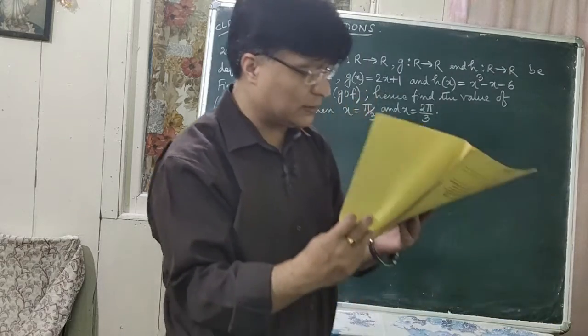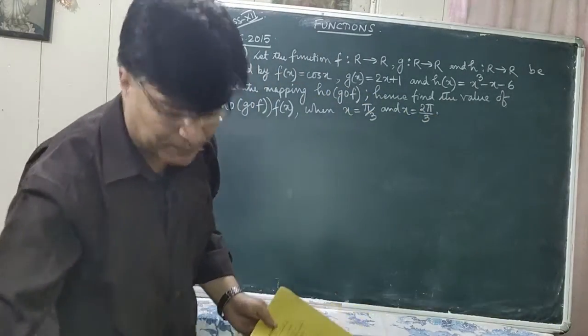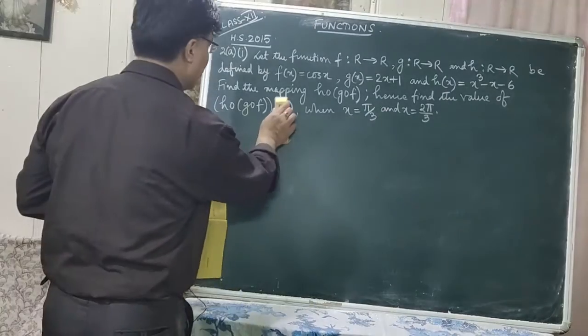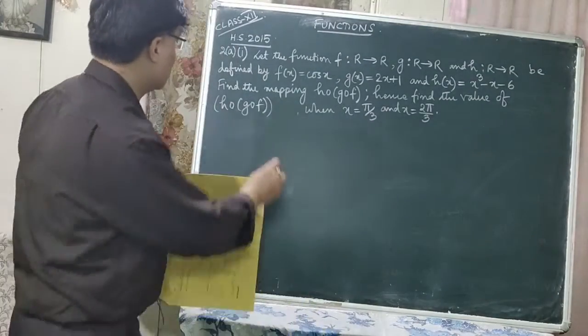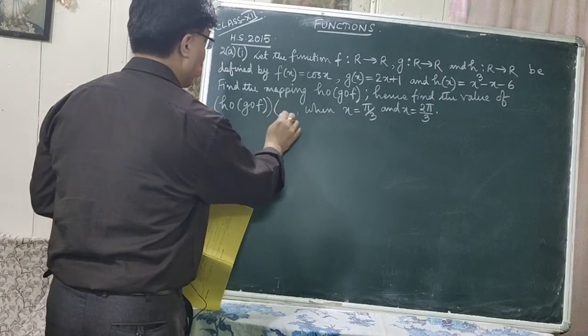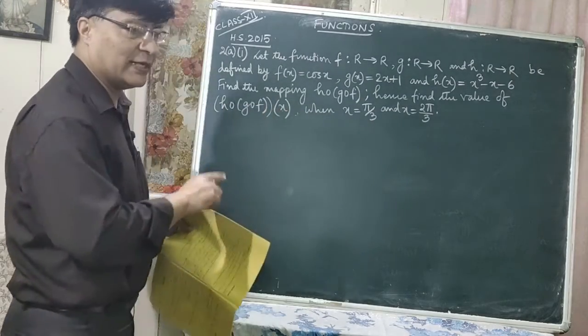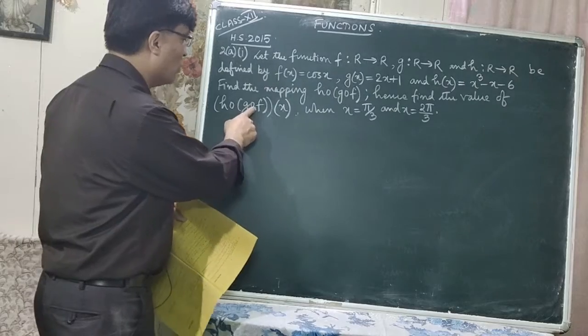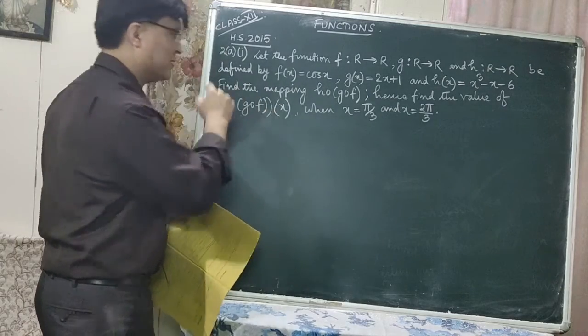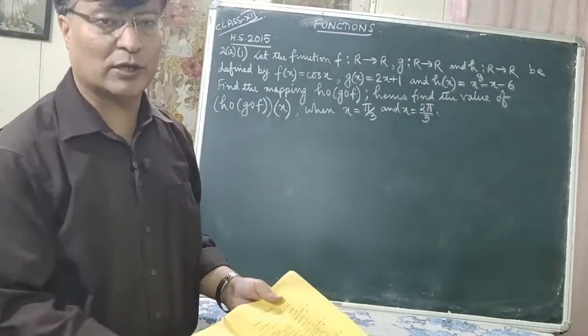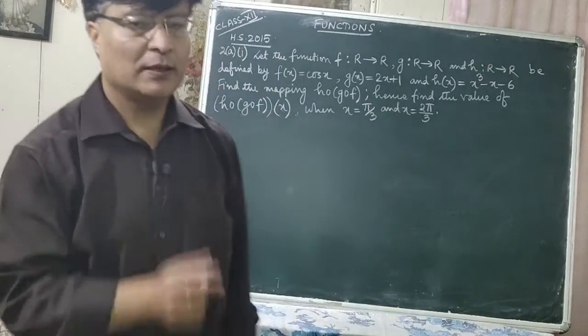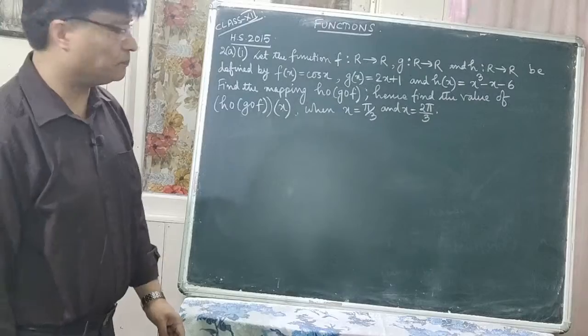Okay, and this is the question from, so this is not f of x, it should be h o (g o f) of x, h within bracket g o f of x. Okay, so this is the question from this HS 2015. Okay, so now let's do this question.